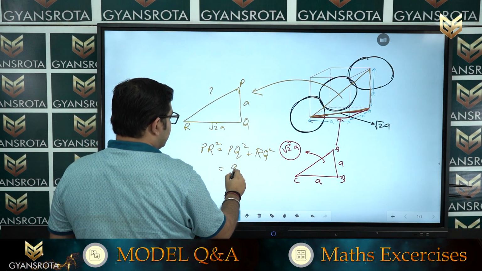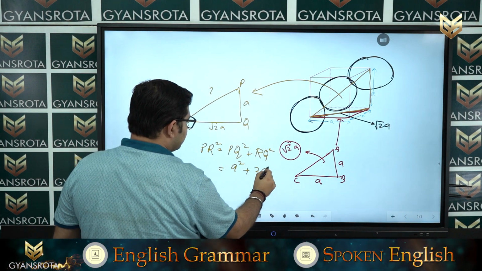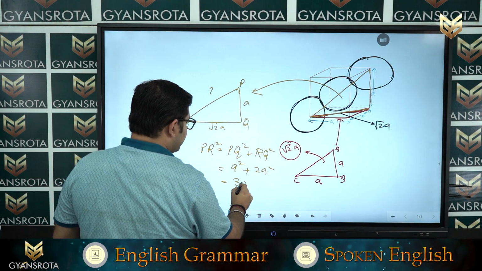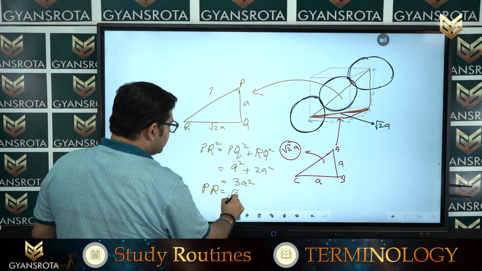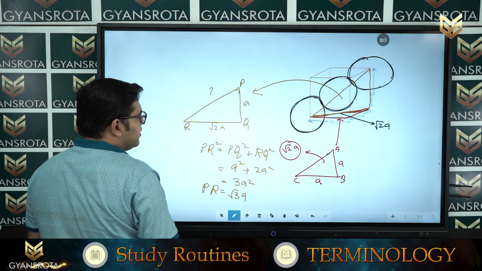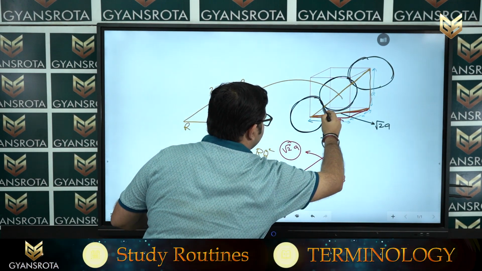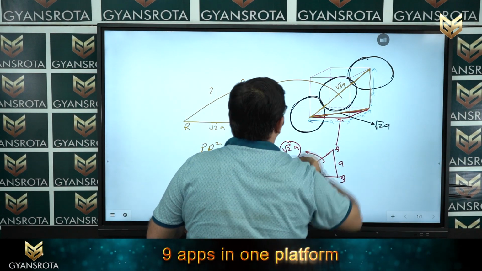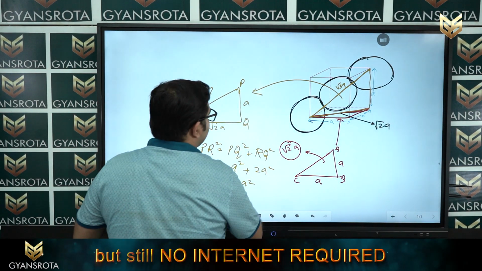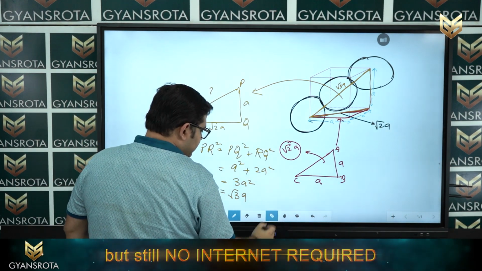For this one it is a square, for RQ square that is 2a square, so it will be 3a square, that is PR is equal to root 3a. So, the value of this one will be root 3a. Now we are going to move directly to another diagram.